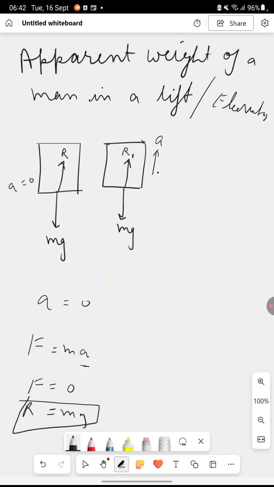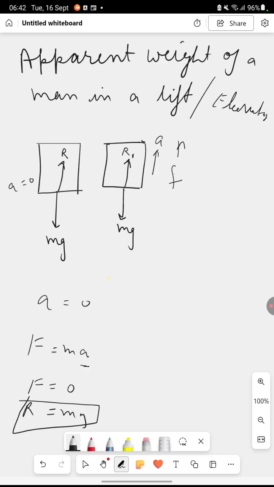It means there is a net resultant force applied in the upward direction. Let's say F is the final resultant force exerted in the upward direction. That's why the lift is moving upward.